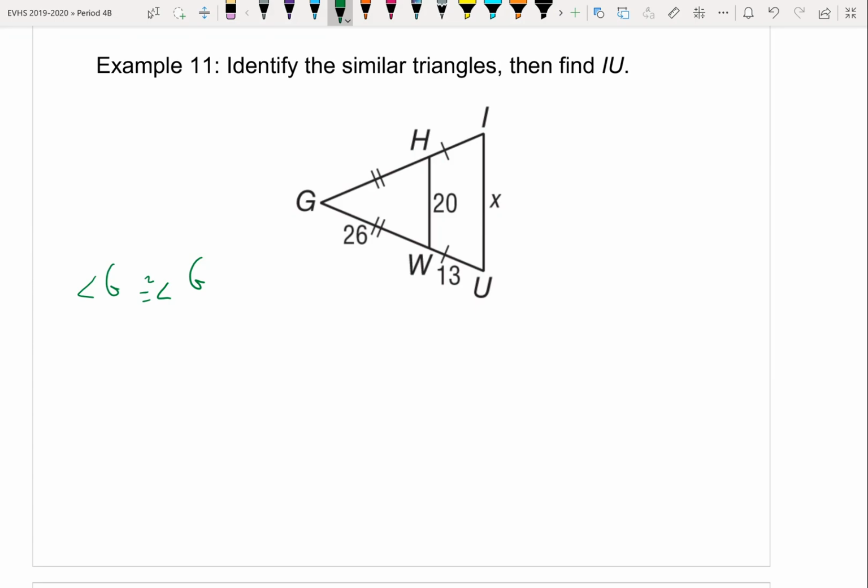So for GW over GU is going to equal 26 over the whole thing, which is 39. Then if I reduce that, that is going to be a factor of 13, so that's 2/3.